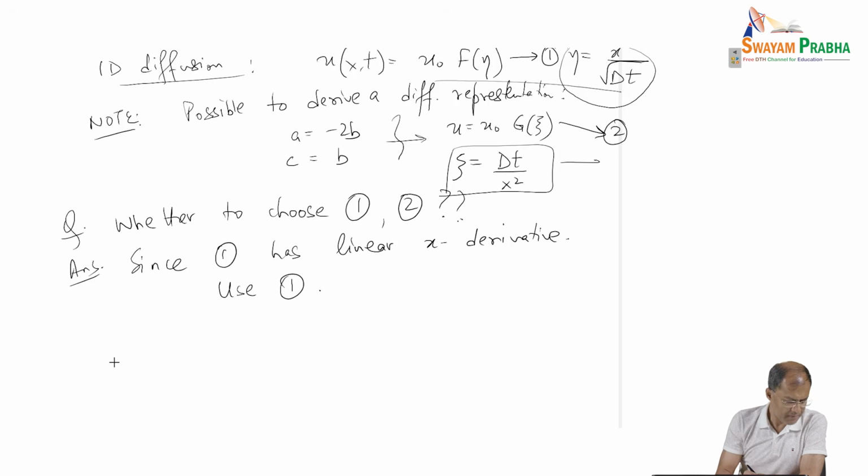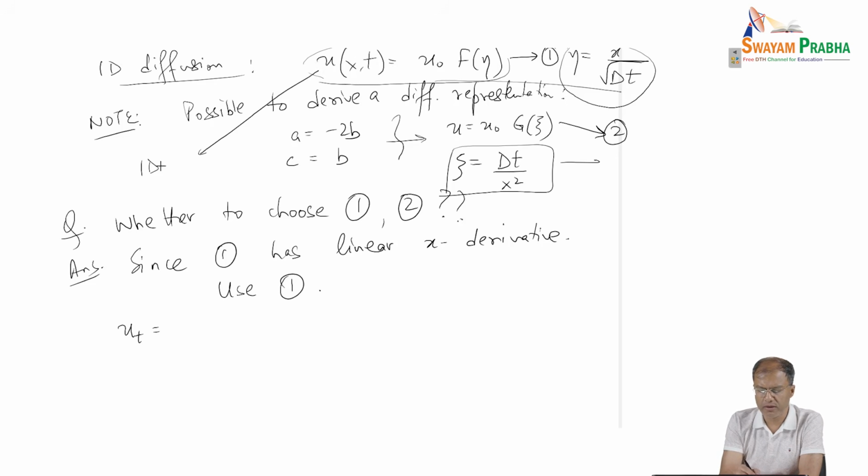Okay, so then we use form 1. So then what we have is that ut is equal to, now we are going to use form 1 of the solution, and let us plug this into our original 1D diffusion equation. And now what we get is ut is u naught f prime eta d eta dt.